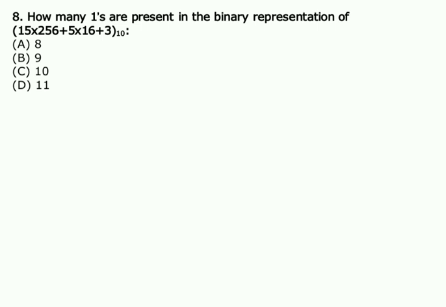How many ones are present in the binary representation of 15 into 256 plus 5 into 16 plus 3 base 10? If you perform the arithmetic operation of this given expression in decimal value, we'll get the answer as 3923.